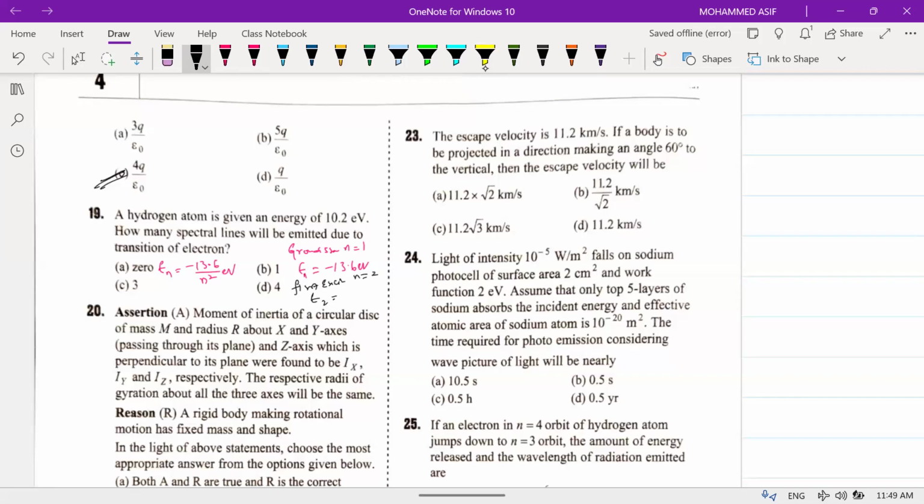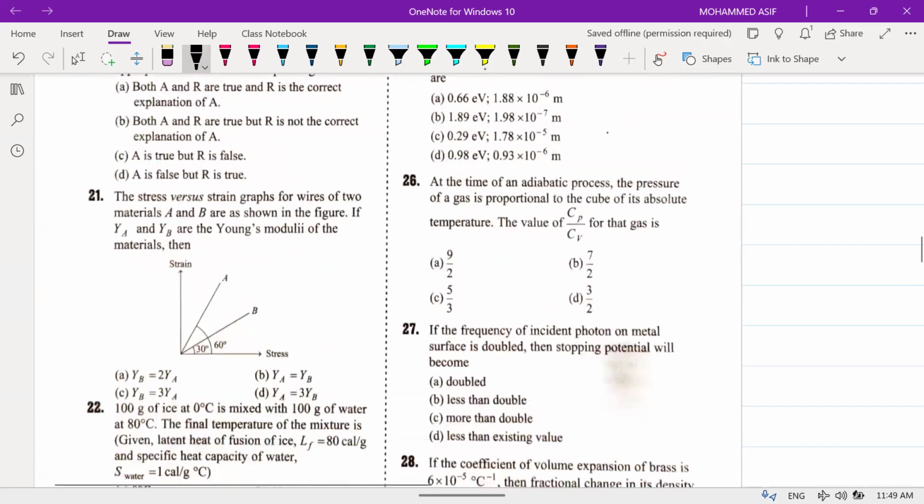Energy E2 will be equal to minus 3.4. So if I take the difference, E2 minus E1, that comes out to 10.2 electron volt. So whenever the electron is in the excited state, it undergoes transition only from n equals 2 to 1. That means only 1 must be the answer. Very good. Yes, sir. 20 we have not done.